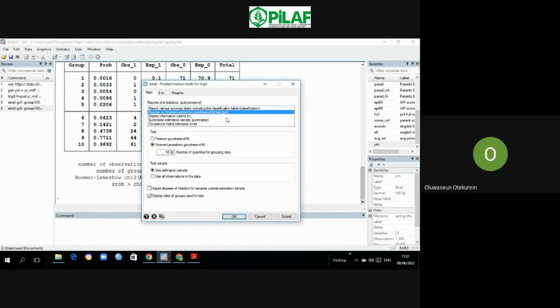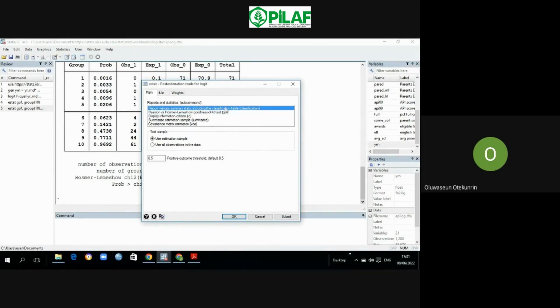It's actually even the first one in the other window that we opened the other time: report various summary statistics, including the classification table. That is the first one. I hope you'll be able to open that window. Have you been able to open that window? Yes.